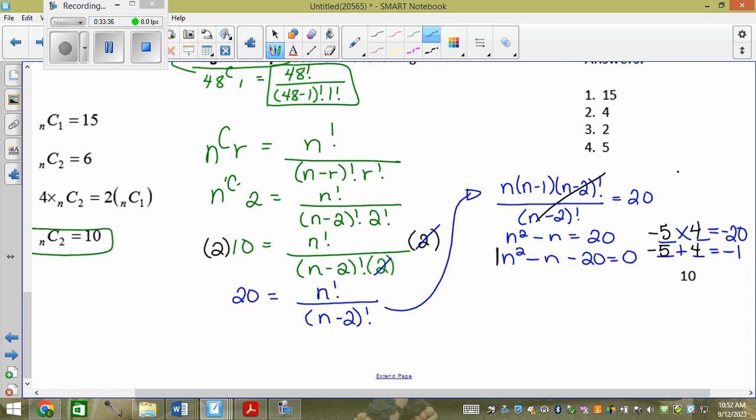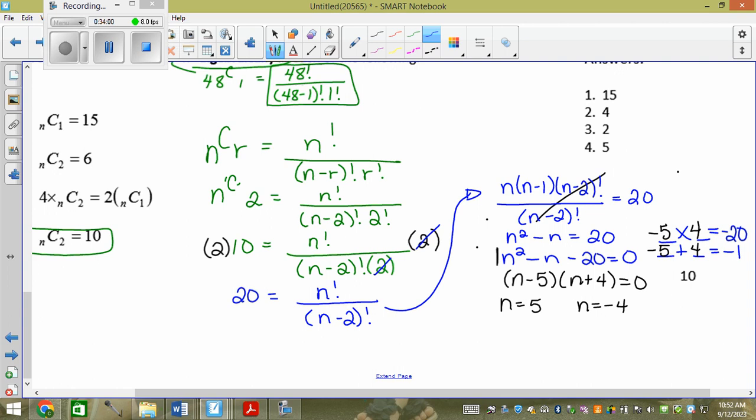If it's a negative 1, can I do that? Nope. I would have to move everything to the other side and make it a positive 1, or do decomposition. So here I have (n minus 5)(n plus 4), and I get n equals 5, n equals negative 4, and then people will reject the extraneous root right away.